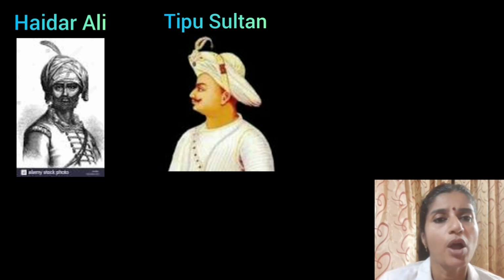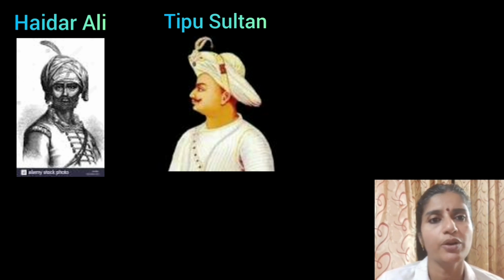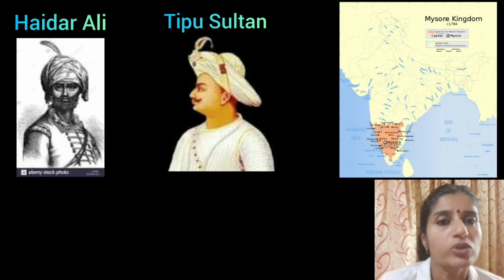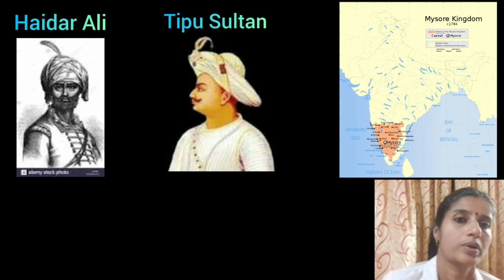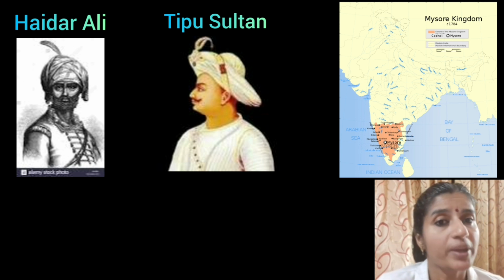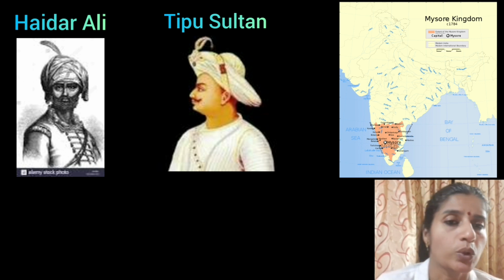At that time, most of the profitable trade of the Malabar coast was under the control of Mysore: the cotton, silk, spices, everything. So, this region came under the control of Tipu Sultan.